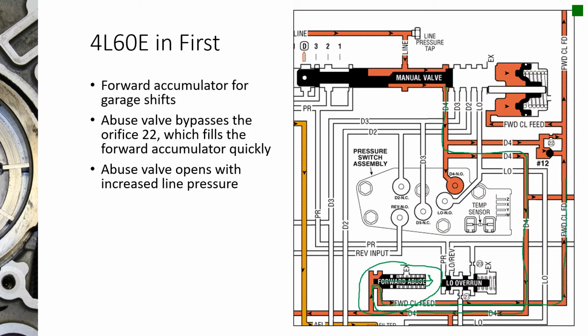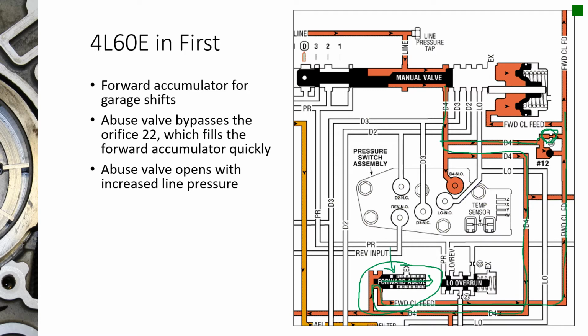And if you take a look here, it was able to bypass or go around. It didn't require that the fluid went through orifice 22. Fluid could go through orifice 22, but if you're creating higher pressure because you're giving it throttle, it can also go around orifice 22 because of the forward abuse valve.